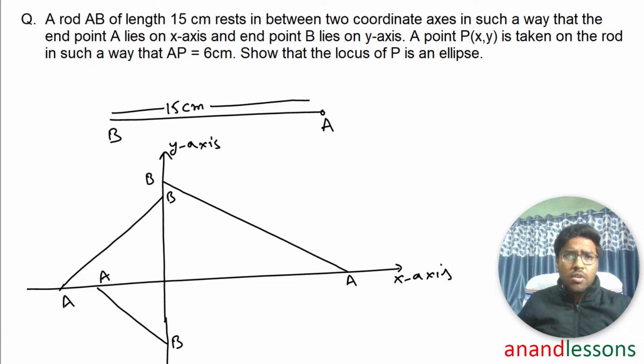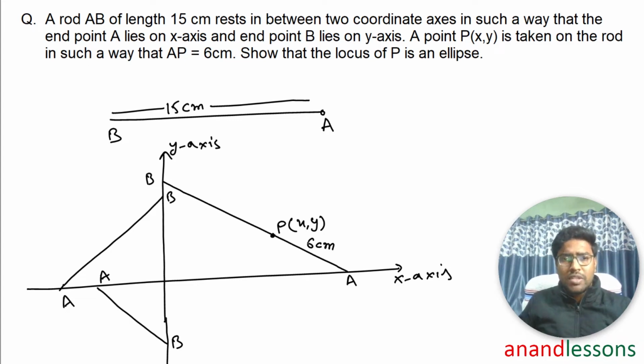The length of the rod is 15 centimeter and we have a point P. Let the point P be here and let the coordinate of this be written in the form of x and y. So P is a point (x, y) such that AP is 6 centimeter. The length between the point A and P is 6 centimeter.